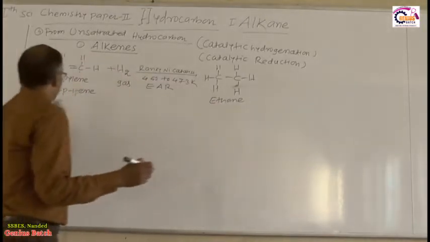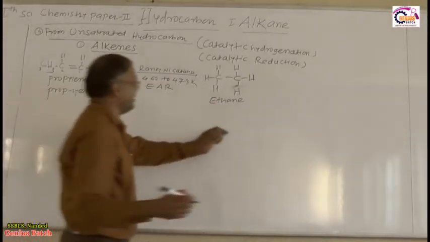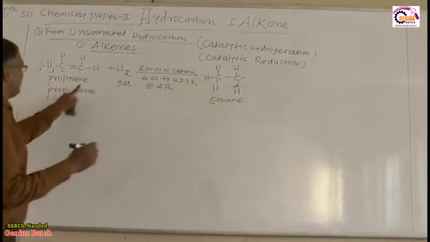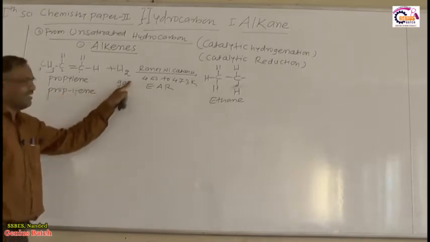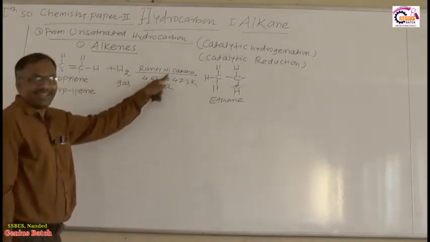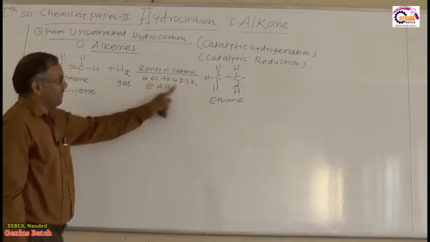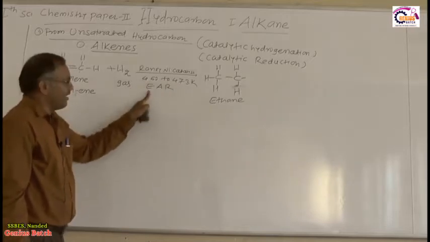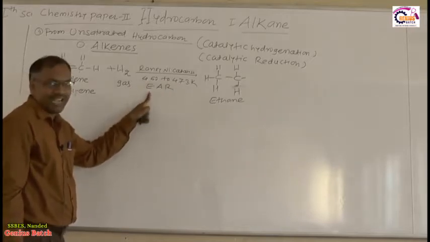So when this propylene or prop-1-ene is heated with hydrogen gas in the presence of Raney nickel catalyst at about 453 to 473 Kelvin, it undergoes the electrophilic addition reaction.